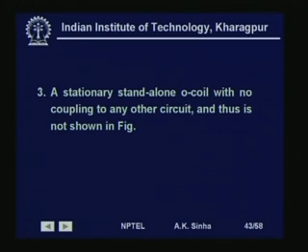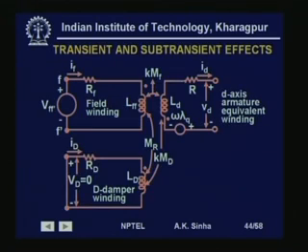And a stationary standalone 0 coil with no coupling to any other circuit is thus not shown, and is not used as such. For transient conditions, the same thing happens, except that we have the damper winding coming into play, and using this circuit we can use the transient and subtransient effect.